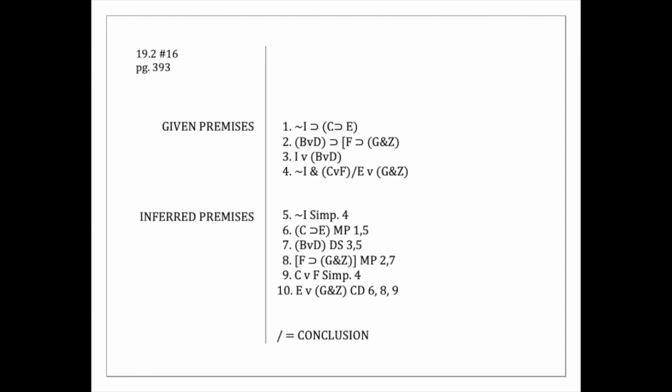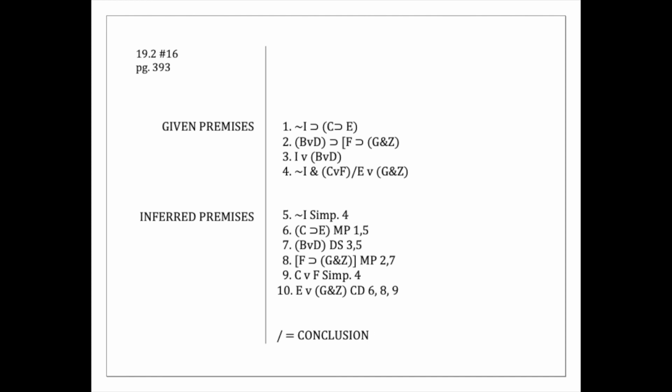C is the antecedent of the conditional, if C then E. F is the antecedent of the conditional, if F then G and Z. You have one conditional, you have another conditional, and then you have the disjunction, where the disjuncts are made up of the antecedents of those 2 conditionals.